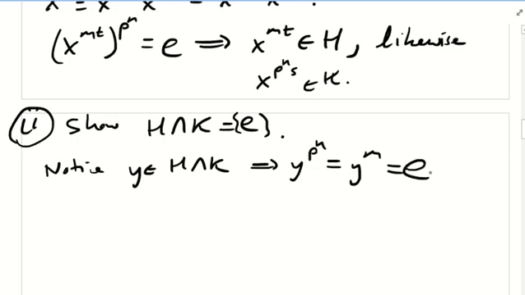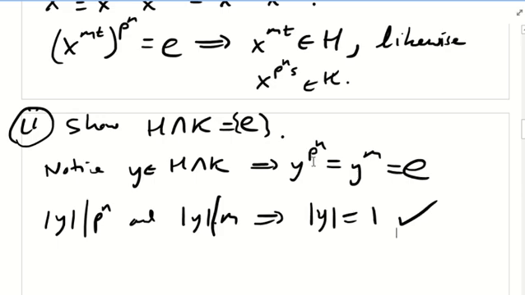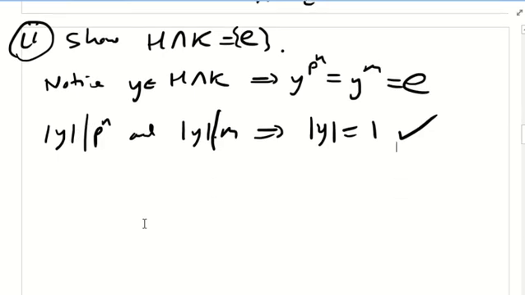So in other words, the order of y divides p to the n and the order of y divides m, but the greatest common divisor of those is 1. So the order of y is a common divisor, which means it's got to be a divisor of the greatest common divisor, which is 1.